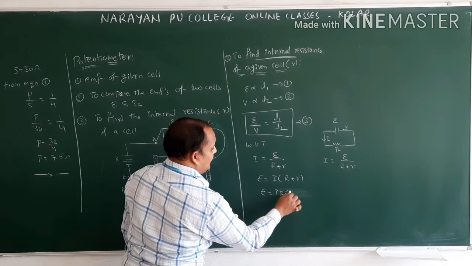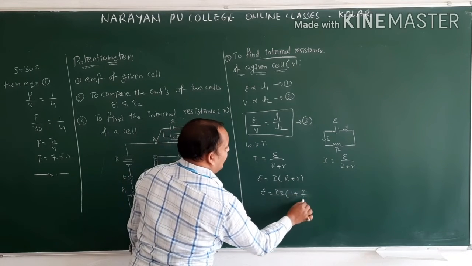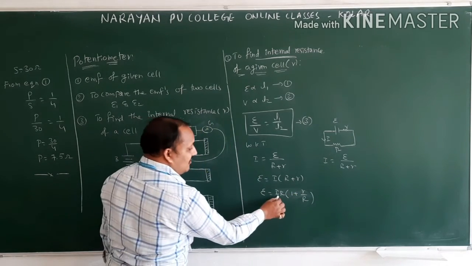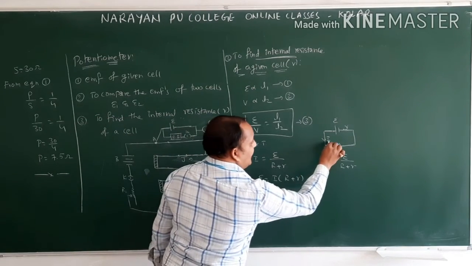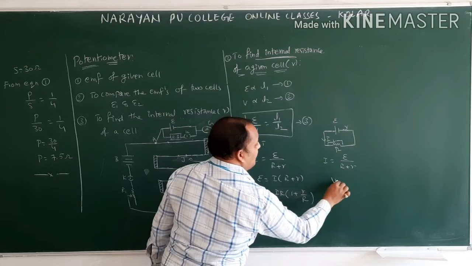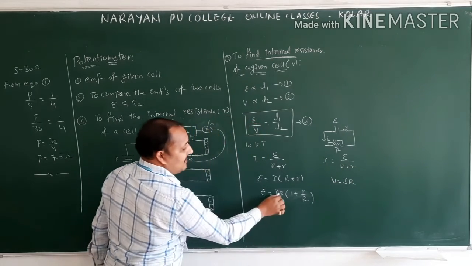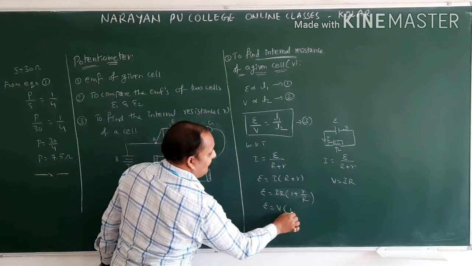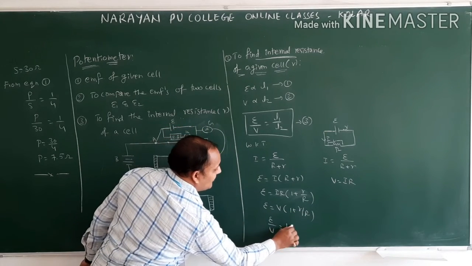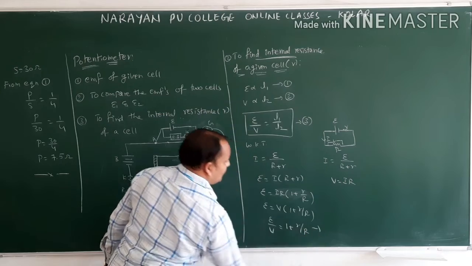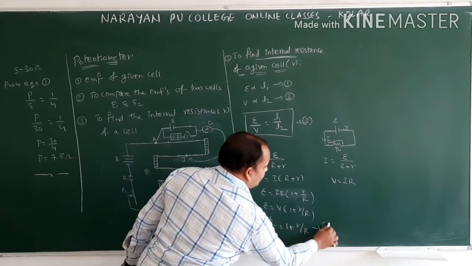So IR is equal to 1 plus what you are going to write? r by R. According to Ohm's law, the voltage across this resistance, how much will you get? V is equal to IR. Therefore, in place of IR, we can write V. Isn't it? Now E by V is equal to 1 plus r by R. Call it equation number 4.